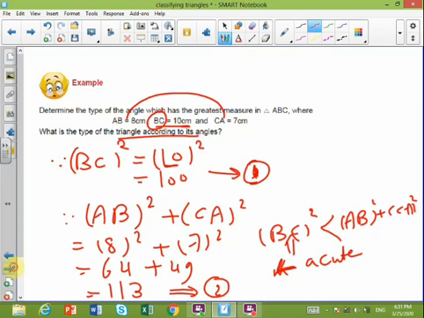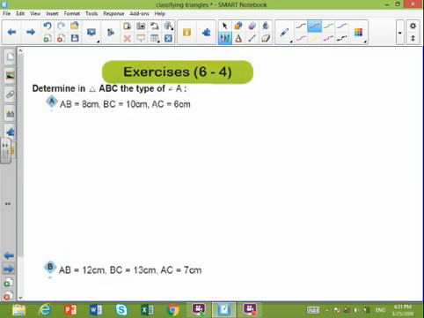Okay, let's move to another one. Determine in triangle ABC the type of angle A. It means that side BC will be the longest one. So again, BC squared equals 10 squared equals 100, and this is number 1.